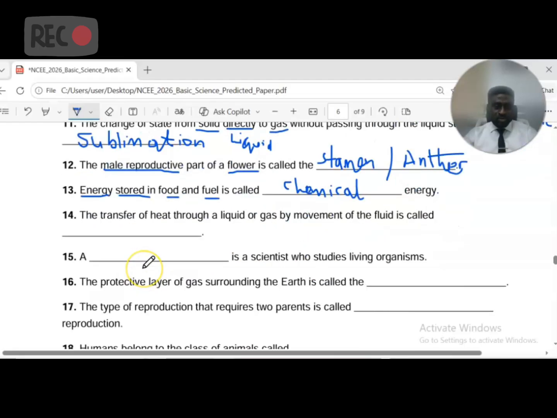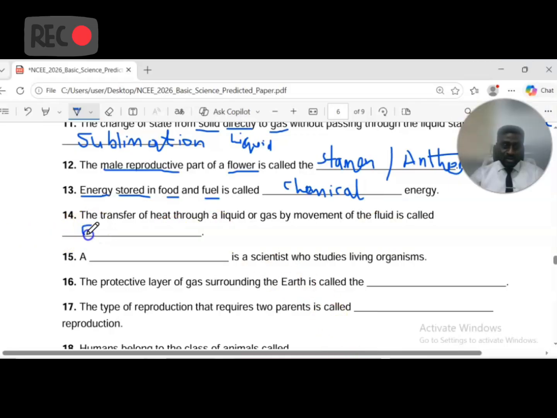Now let's move to question 14. The transfer of heat through a liquid or gas by movement of the fluid is called dash. So what is the answer to that question? The answer is convection. Remember or recall, there are three types of heat transfer in nature.